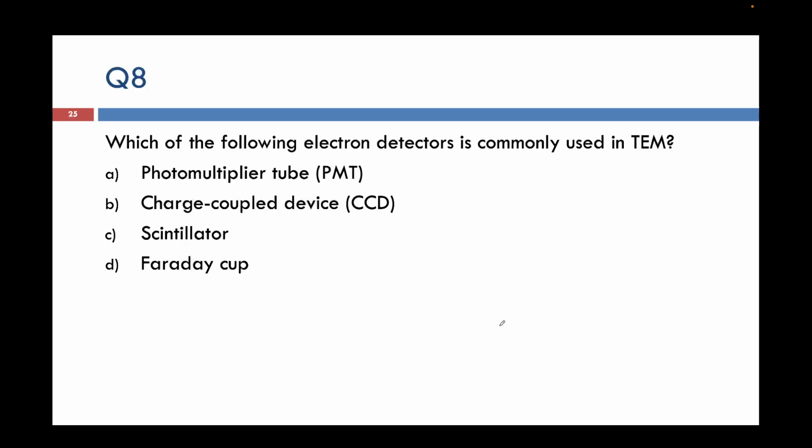Currently we use the charge coupled device. Charge coupled device is used in all of the TEMs. SEM uses scintillator, and also in SEM we use Faraday cup and photomultiplier tube. All the other three we use in the SEM, so these all are associated with SEM only. Charge coupled device we exclusively use in the TEM.